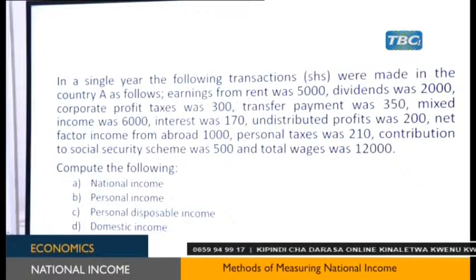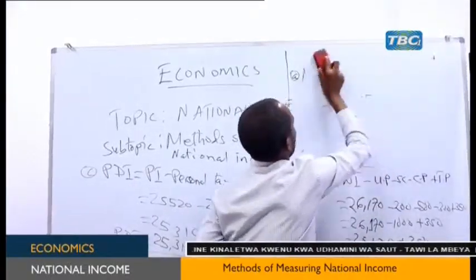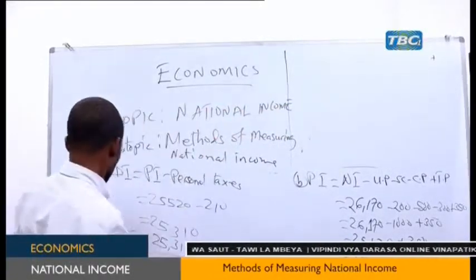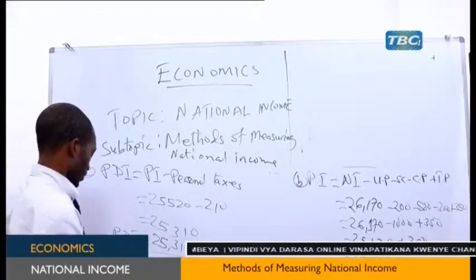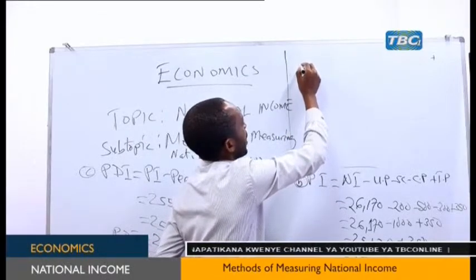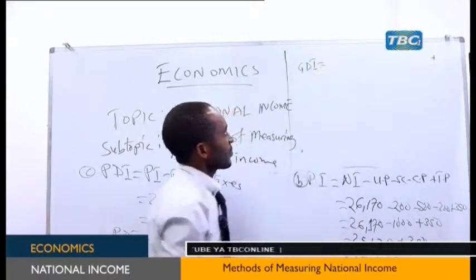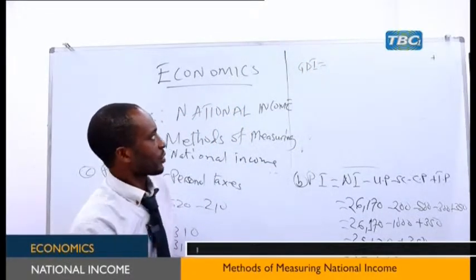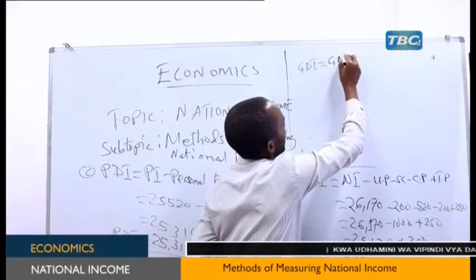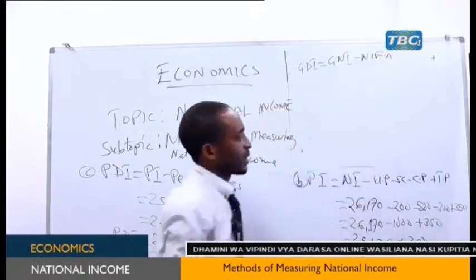Now for the case of domestic income, we can say gross domestic income will be equal to gross national income less net factor income from abroad.